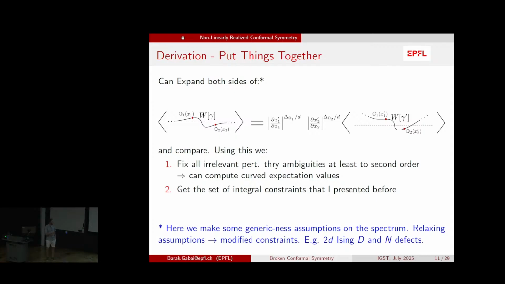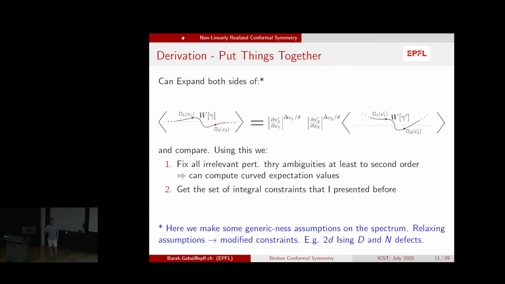Now, maybe I should point out this is a little bit like hitting a nail with a sledgehammer, in the sense that we have an infinite set of identities above. It's a huge set of identities, and we get only a finite set of identities in the end because we just expand this to second order. So in principle, this can be expanded to higher orders. This should include many more identities that should be satisfied for straight lines.